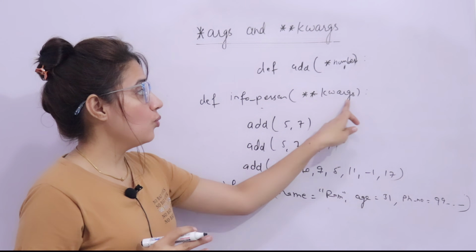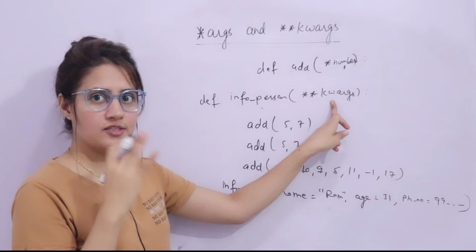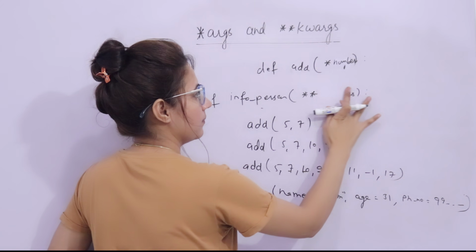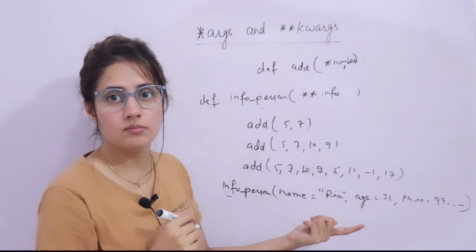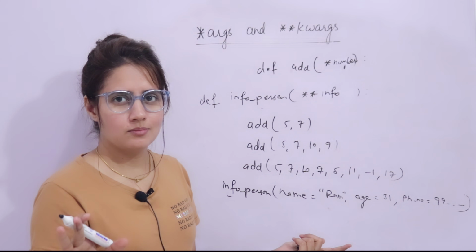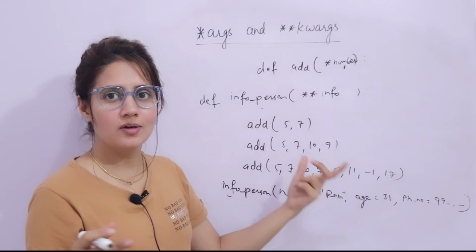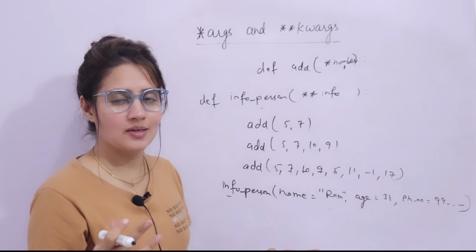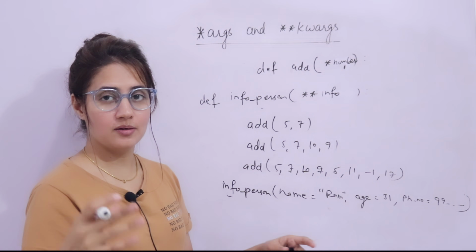Rather than kwargs, this is simply a convention in Python. We use args and kwargs, but we can change the names. Rather than this I can write info, or data, anything, or simply a variable name like a, but it is better to take a meaningful name. This also I'll show you with the help of an example program.